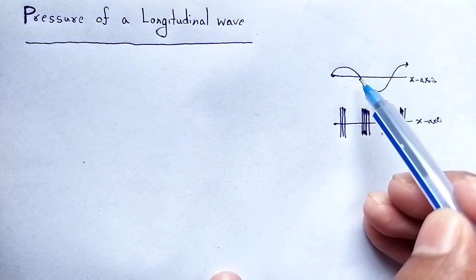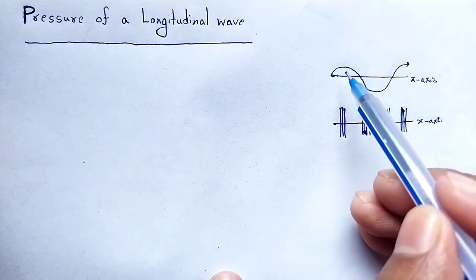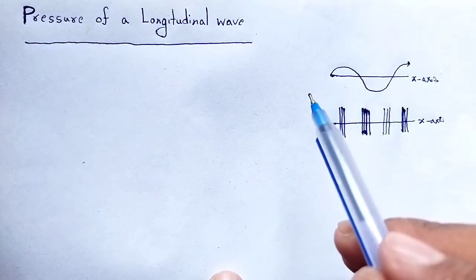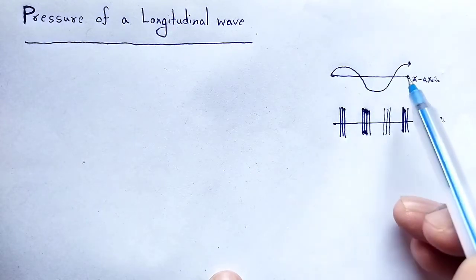In the case of a transverse wave, we see there is no such variation of pressure, meaning the pressure is constant.